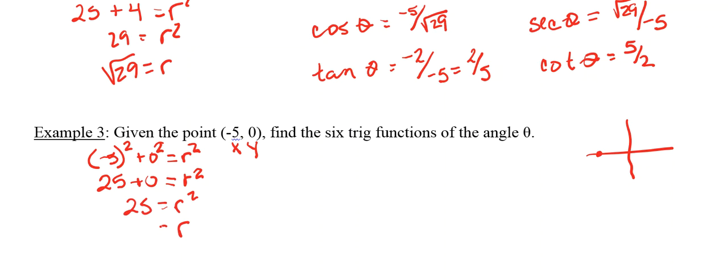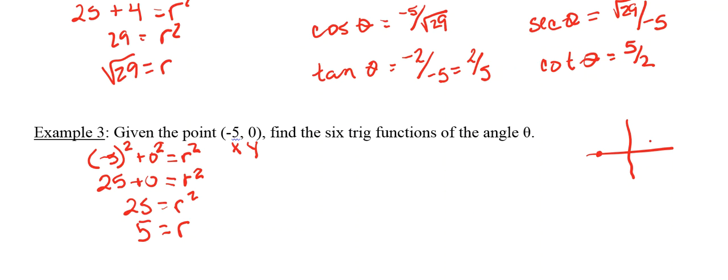R is going to be 5. Remember, r is the distance from the origin to your point. Well, if you're only moving in either a horizontal direction or vertical direction, your r is going to be the absolute value of whatever way that you're moving. So our r, in this case, is 5. If it was moving up, our r would be the absolute value of that number, or down, absolute value, or to the right, absolute value.